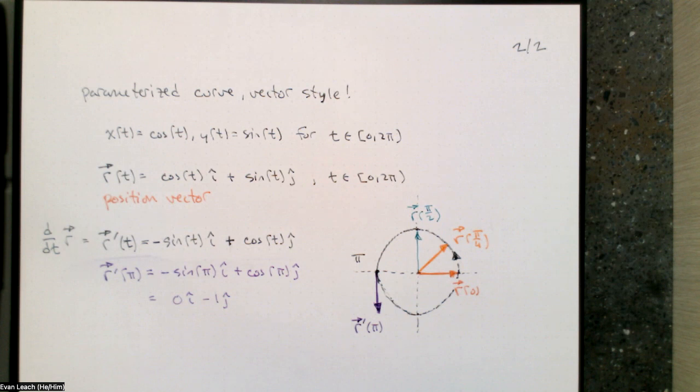And that tangent to the circle at that point is the same way we think about direction way back in Calc 1, when we were trying to find the slope of the line tangent to a curve at a point. So here we are doing the same thing, finding the direction tangent to a curve at a point.